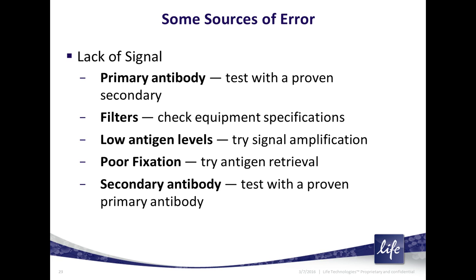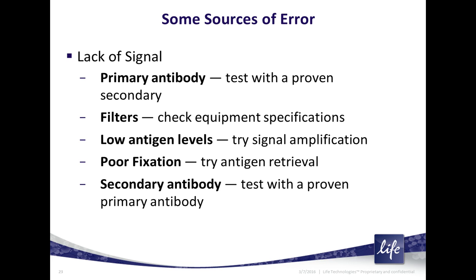If you've underfixed, or certainly if you've underpermeabilized, the antibody may not be able to get in. If you've overfixed, it may be too highly cross-linked. An antigen retrieval method can help remove some of that cross-linking. And some antibodies actually require an antigen retrieval method.